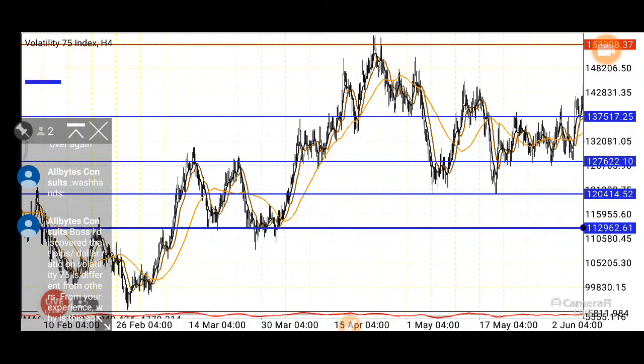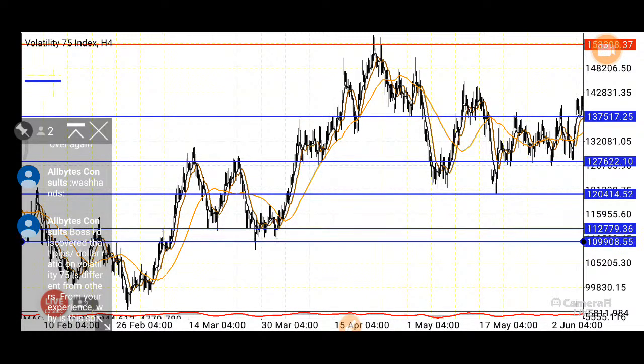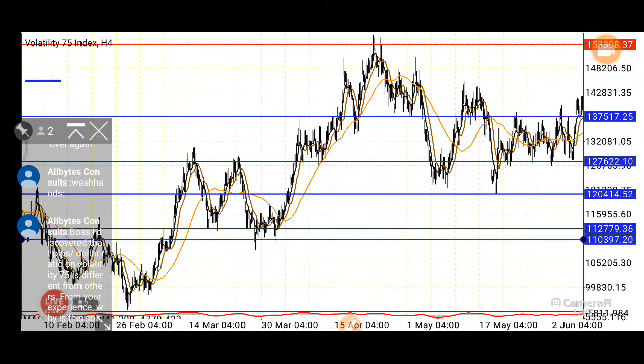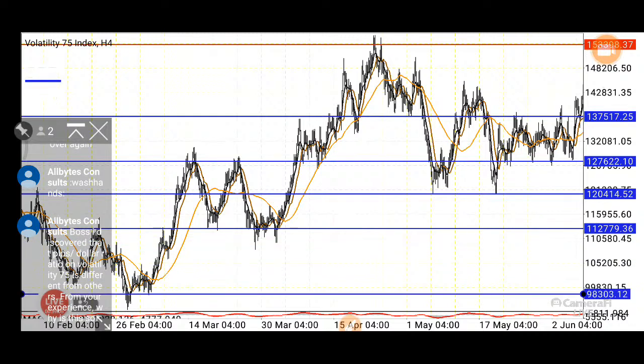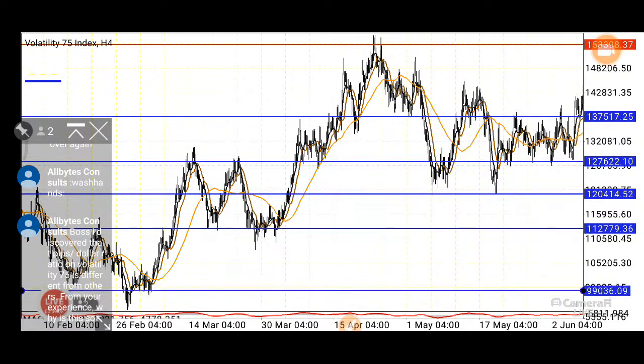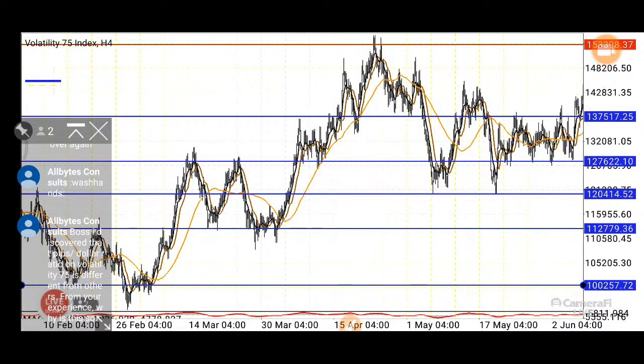Let's regard this as fake out. Early bites. Yes, V75 is a very crazy market.